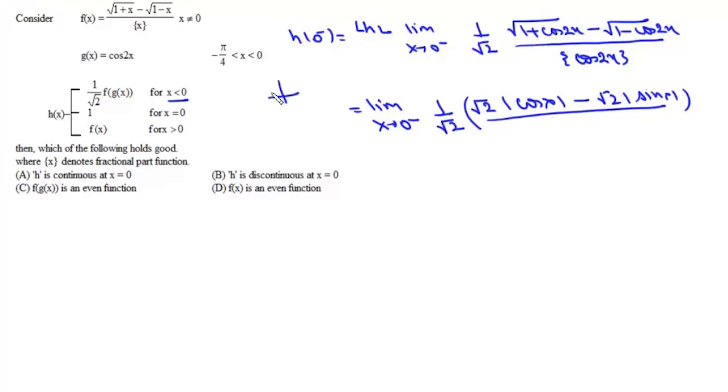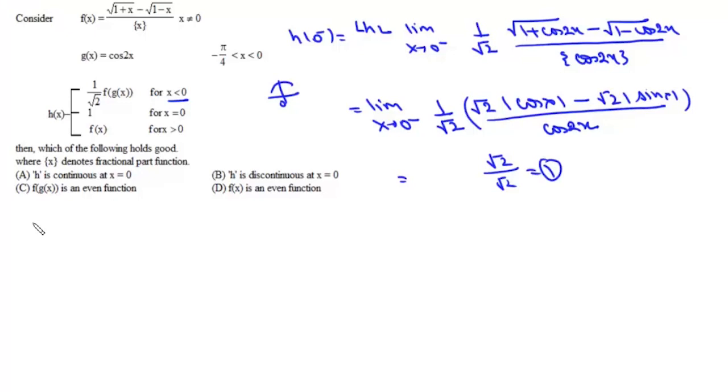We know that when x is less than 0, cos 2x will lie between 0 and 1, and if cos 2x lies between 0 and 1, the fractional part of cos 2x will be simply cos 2x. Now first we'll check its form. If we put x as 0, it will be root 2 upon root 2, which is 1. So the left hand limit of this function h(x) is 1.